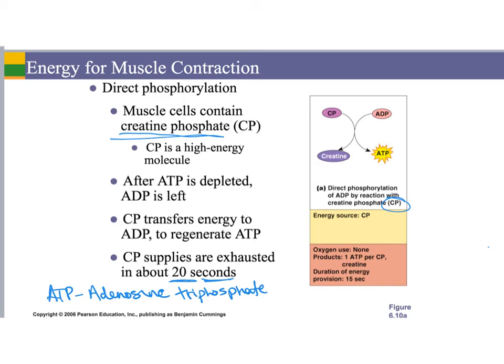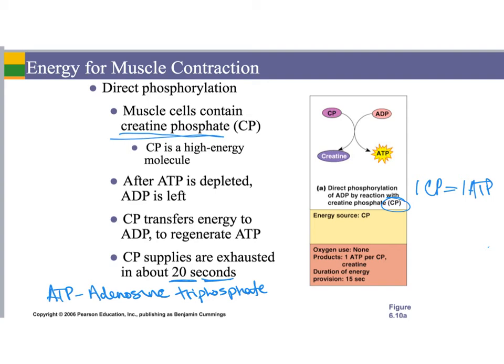So this is a really easy kind of reaction here. We just take the phosphate off the creatine and add it to ADP to make ATP, right? It's important to know the ratio of ATPs we get per creatine phosphate. And so there's 1 CP equals 1 ATP, right? Which makes sense because there's 1 phosphate molecule on every creatine phosphate.